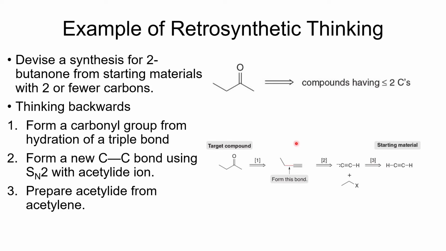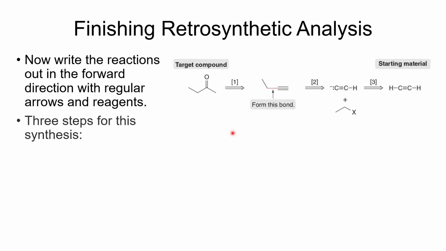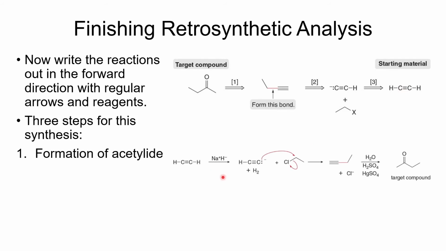All right, so now we want to write out the reaction in the normal direction. The first step is we'll take this and deprotonate with a strong base like sodium hydride, and now we have acetylide.